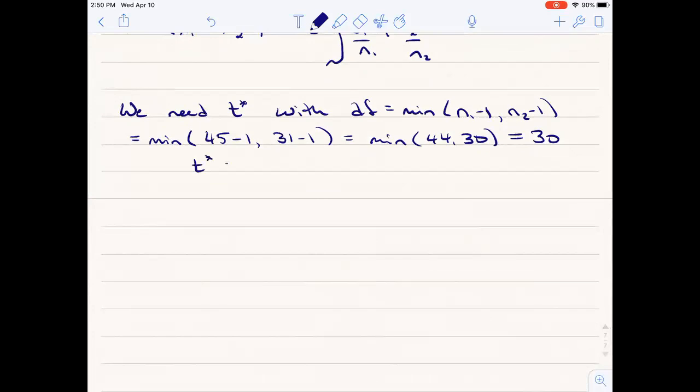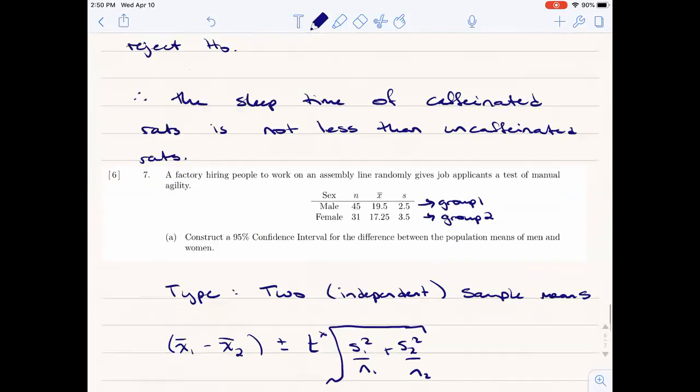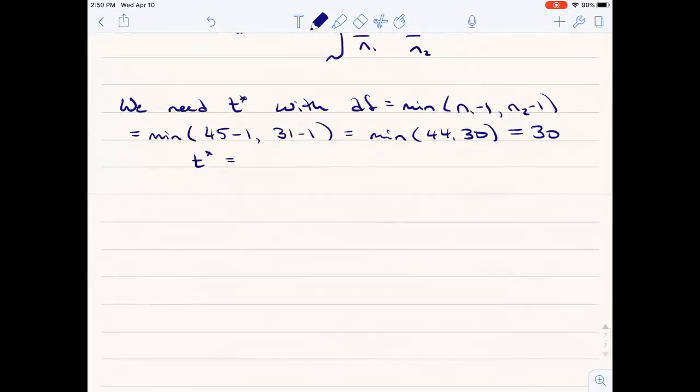T star is going to be, okay, so we've got 30 degrees of freedom, and we wanted a 95% confidence interval again. So 95, and then we stop at 30 degrees of freedom. So we find t star is 2.042 for a 95% confidence interval.